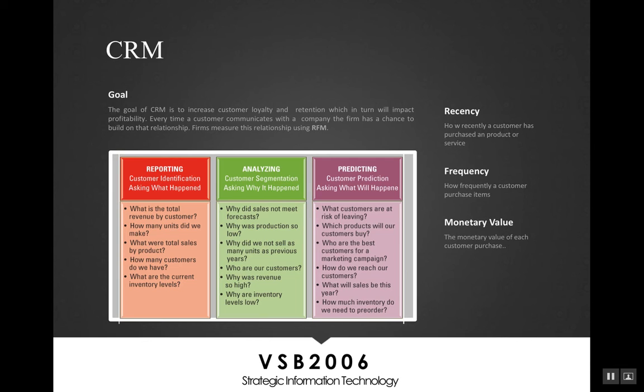Understanding what that behavior is and being able to turn that into some type of predictive model can be very valuable for an organization. And then finally, what is the monetary value? How much is this customer worth to us? How much does this customer buy from us?